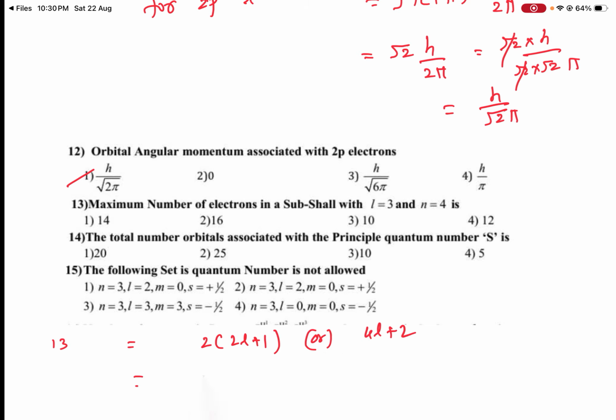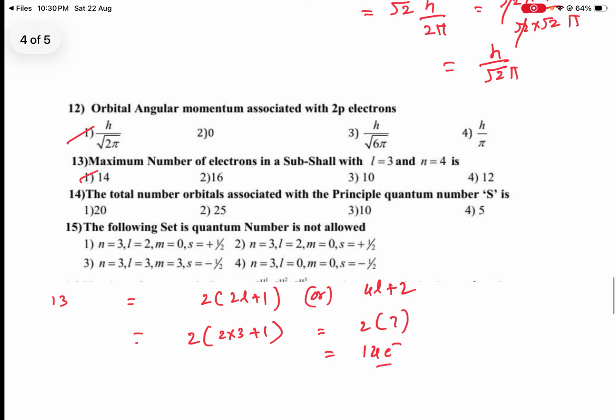Here L is given in the problem as 3. So 2 into 3 plus 1 is 2 into 7, which is 14 electrons. Option 1 is 14, option 2 is 16, option 3 is 10, option 4 is 12. So option 1 is the correct one.